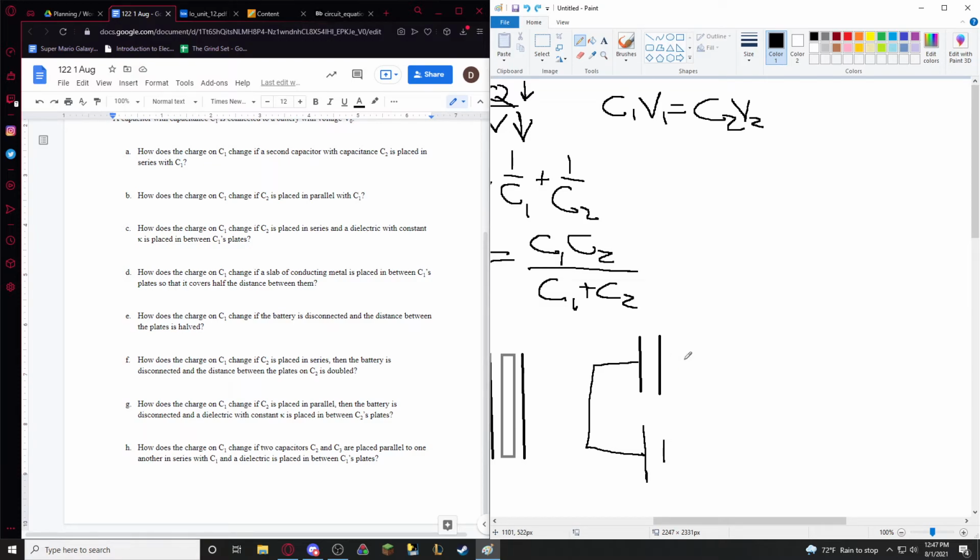And then what we're doing is placing two more capacitors, C2 and C3, parallel to one another, but in series with C1. You see what I mean?